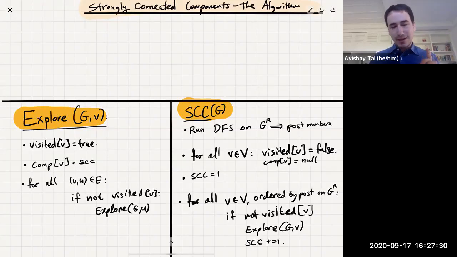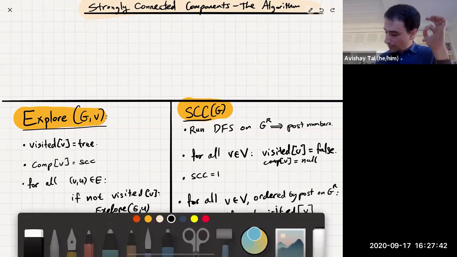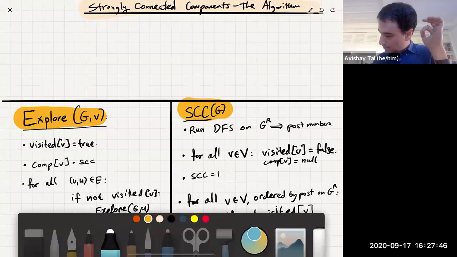So the delicate, important detail is that we are not doing DFS in an arbitrary order, but we're going to do the DFS order. Okay, so that's maybe the most crucial thing, ordered by the post number on the reverse graph.